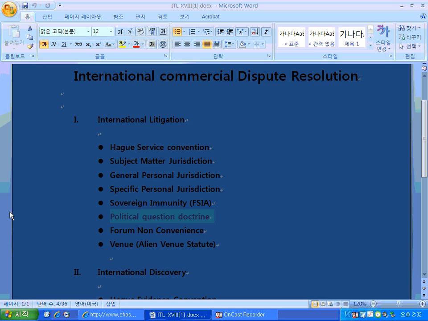The separation of powers principle is actually a very powerful device to ensure the commercial interest. So one unitary governance would jeopardize the commercial interest. Executive, legislative, judicial may not cross to impose on the commercial interest.